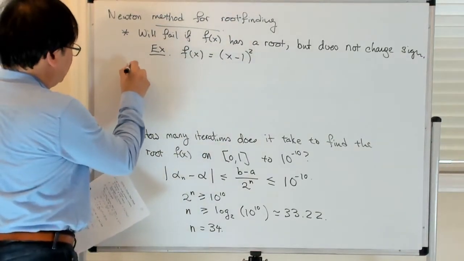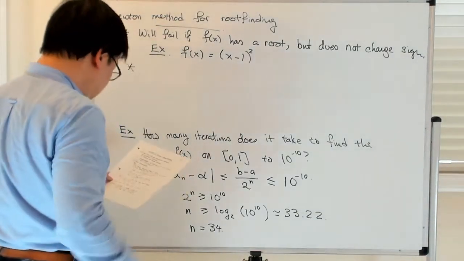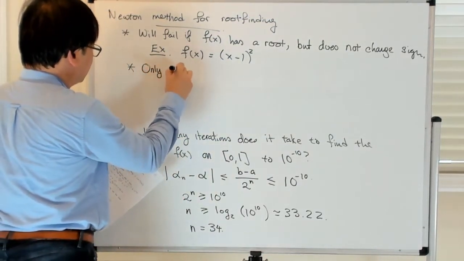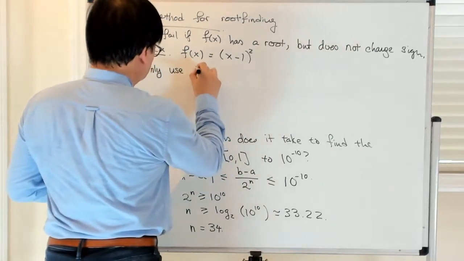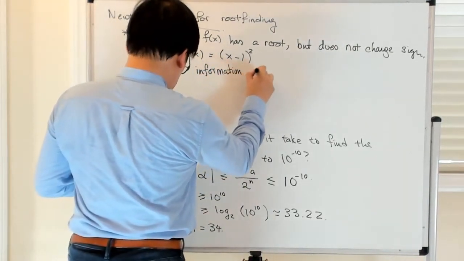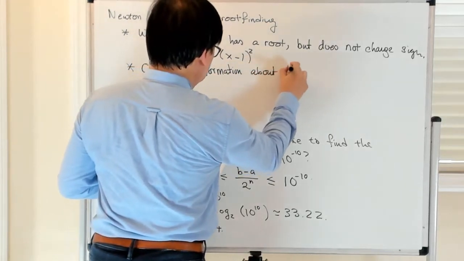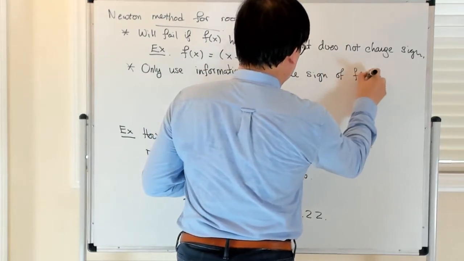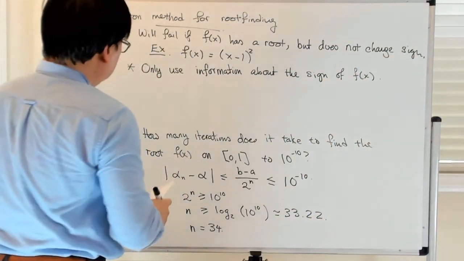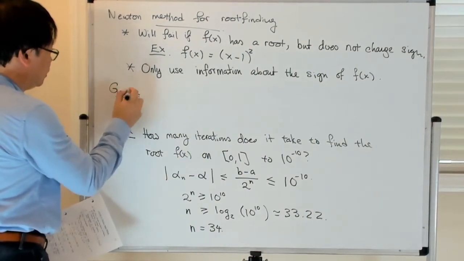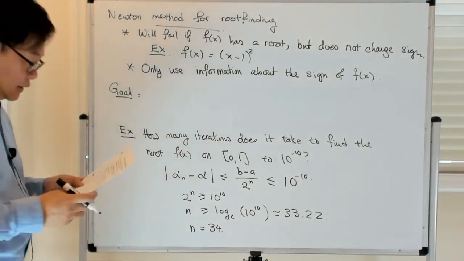And the last thing, at least with bisection, is that you only use information about the sign of f of x. So the goal, as you might expect, is to construct a method which is better in some way, shape, or form.